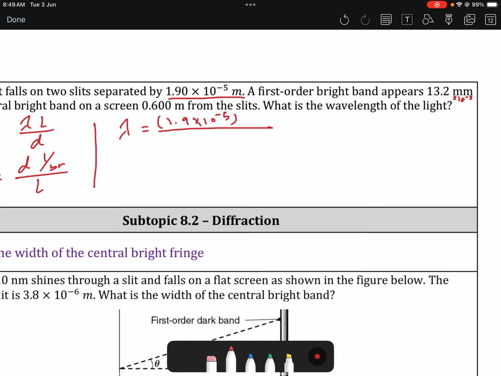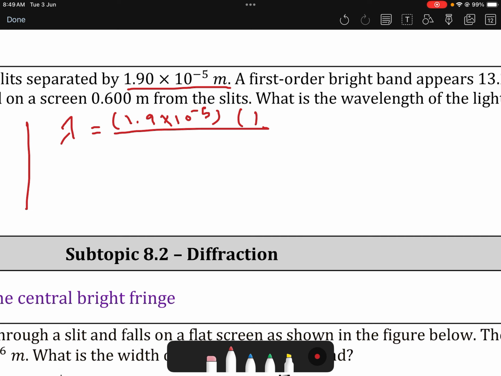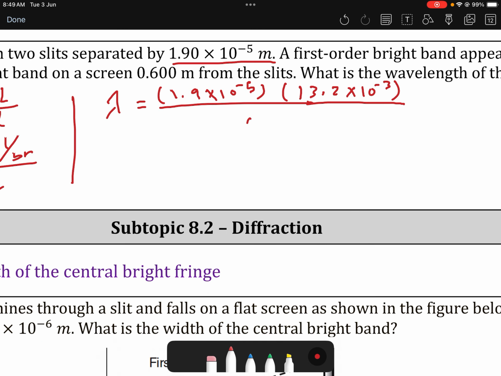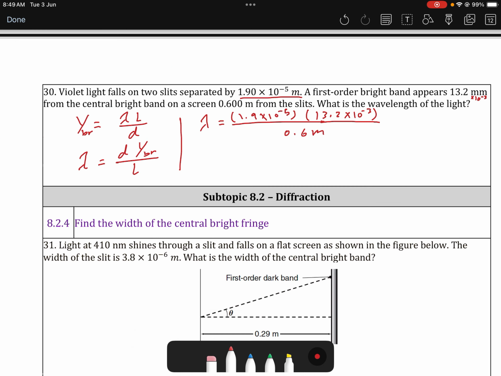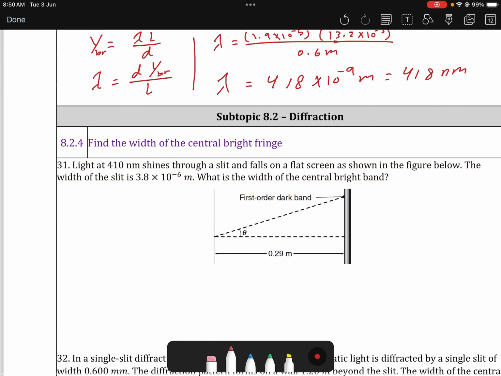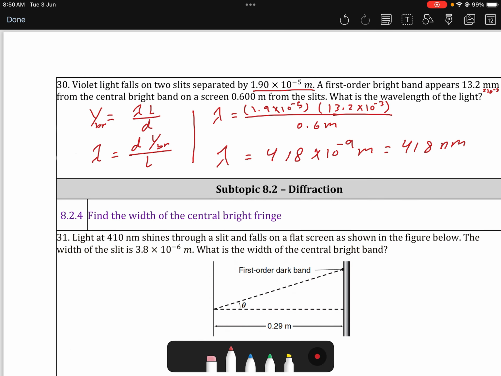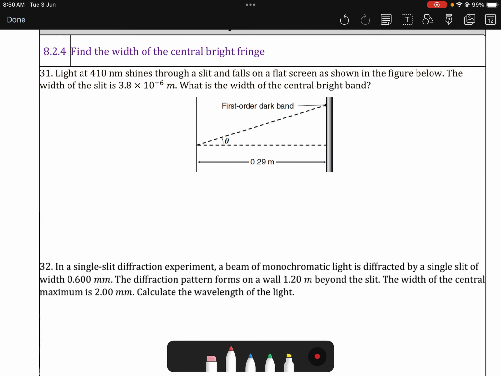So 13.2 times 10 power negative 3 over L. L is 0.6 meter. Also, it's given here. Now lambda, after calculations, equals 418 times 10 power negative 9 meter, and that's equal to 418 nanometer. Okay? This is 8.1. Let's go to 8.2.